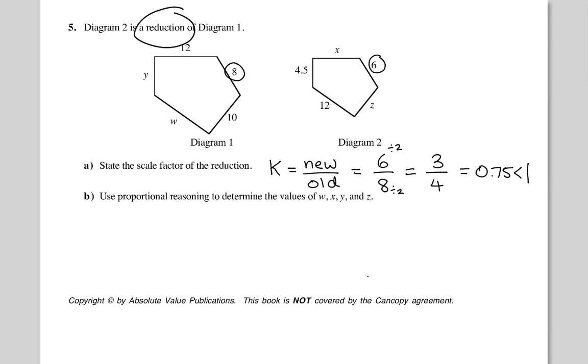So when you go to multiply all the original things, like if I want z, what would I have to multiply by 10? 0.75. 10 multiplied by 0.75 obviously is 7.5. It's multiplying by 10. I can't believe I used a calculator for that.